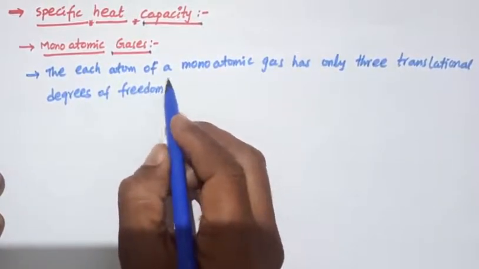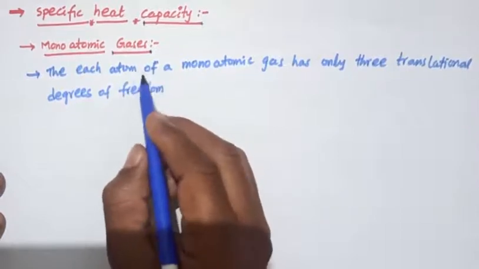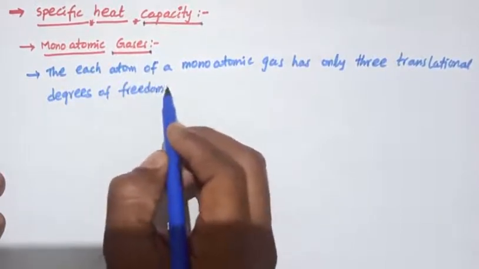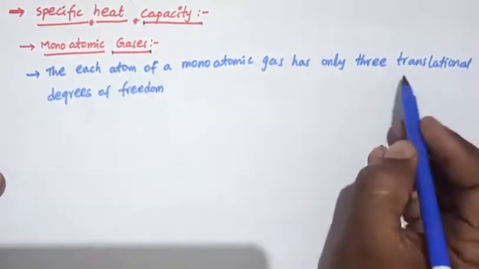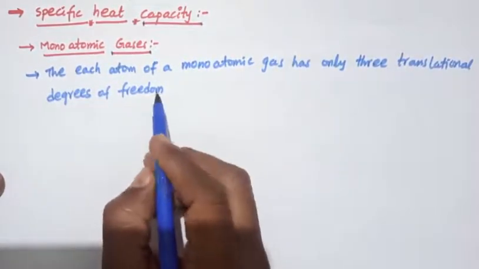Also it is called the modes of a monoatomic system. So modes are directions. Three translational degrees of freedom.